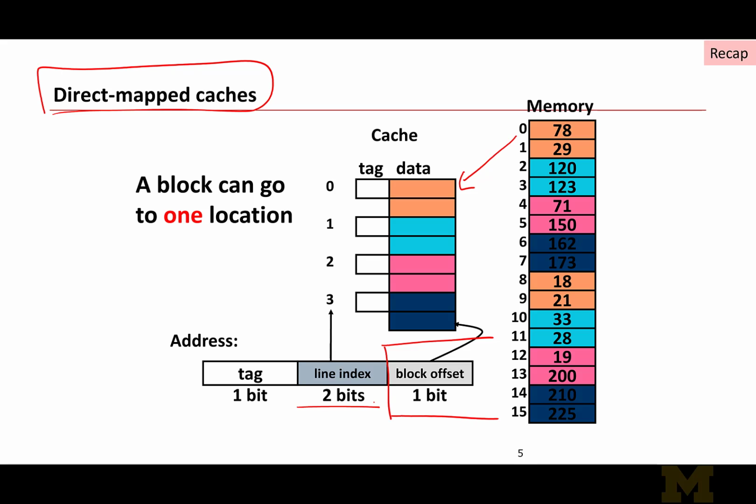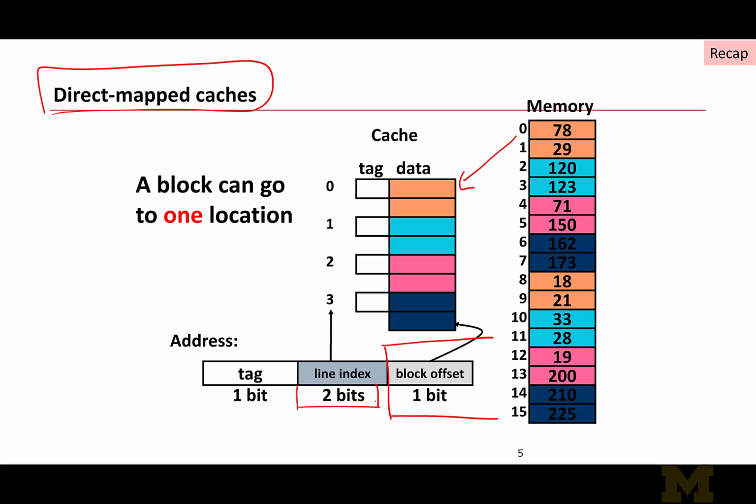And then we created an index to access that array of cache lines simply by constructing an index out of the least significant bits in the remaining part of the address after leaving out the block offset. So in this example, I have 4 cache lines. So we need 2 bits to index into this array of 4. So then we chose a line index of size 2 bits.